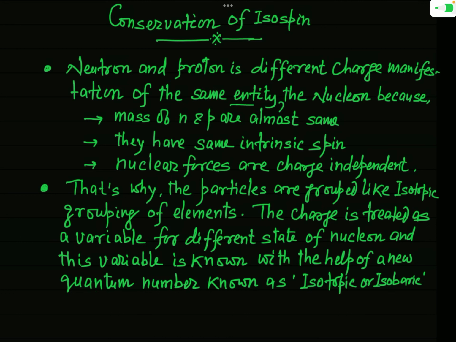Why do we say that neutron and proton are not entirely different? They are actually only the different charge manifestation of the same entity, and so we call it nucleon.